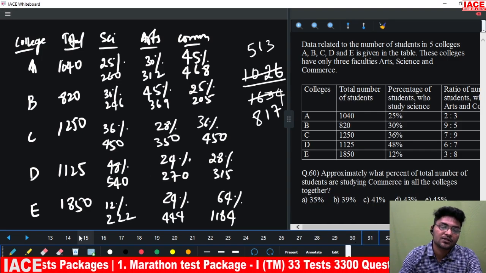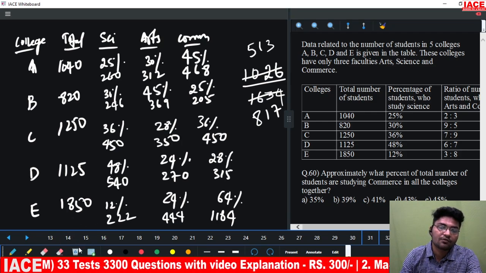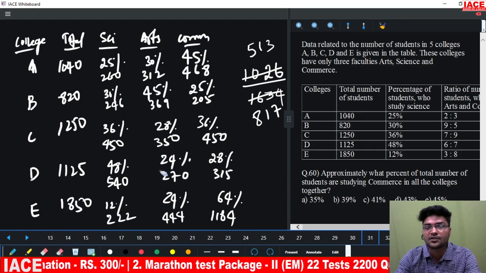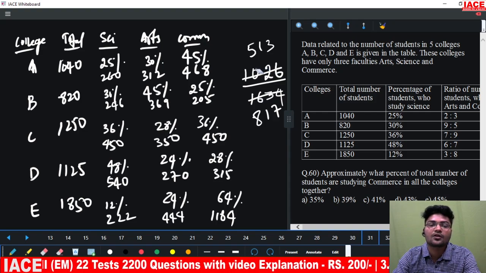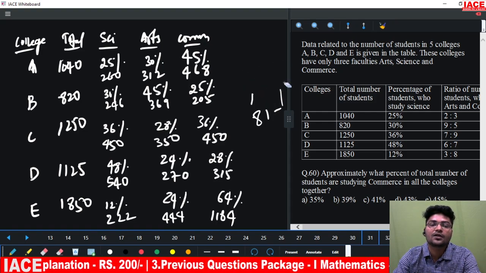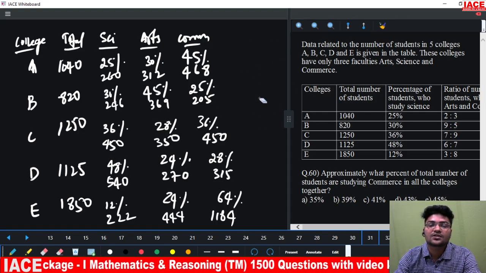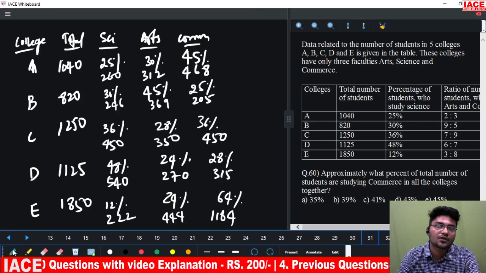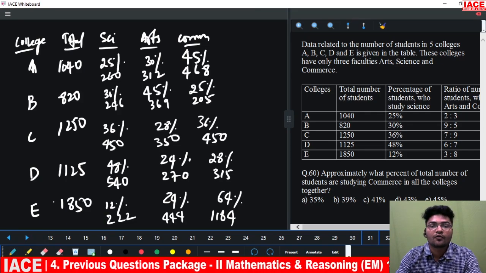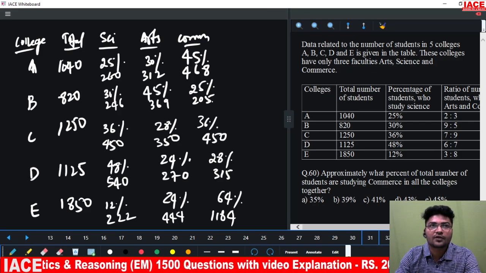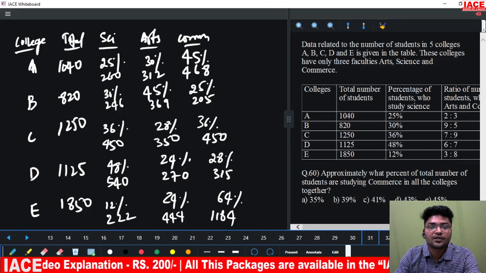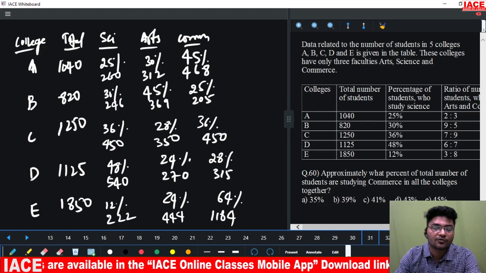Next, question number 60. The question says, approximately what percentage of the total number of students are studying commerce in all the colleges together? How many are studying commerce? 468 plus 205 plus 450 plus 315 plus 1184.